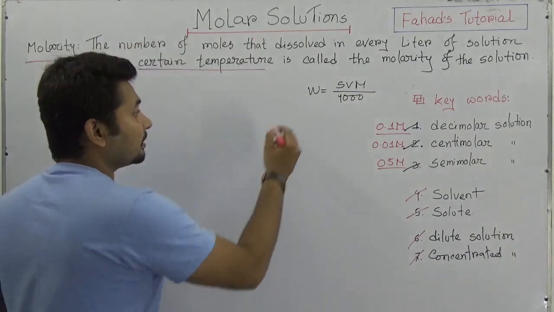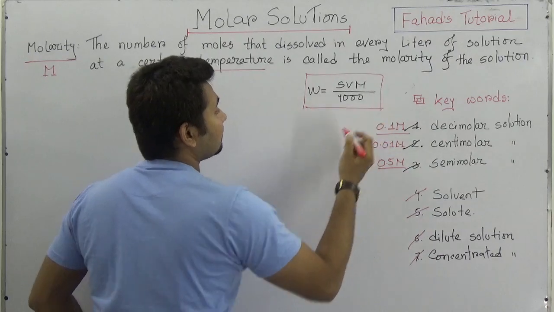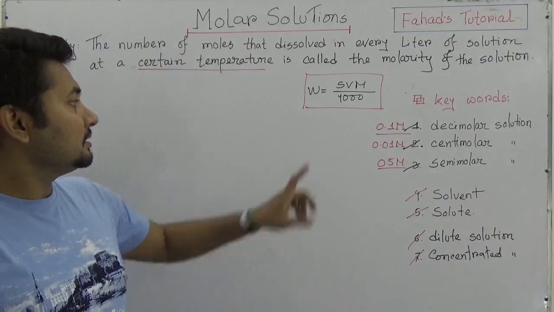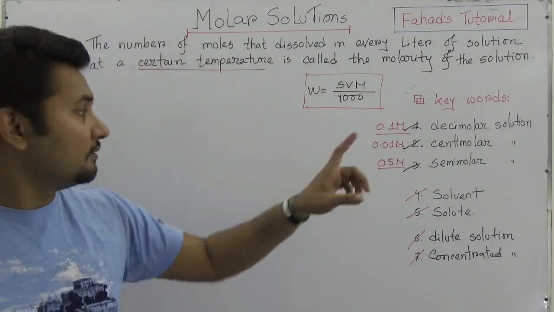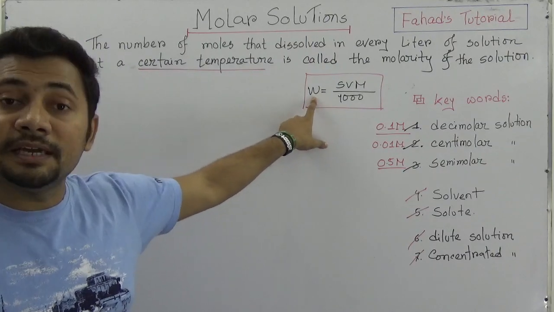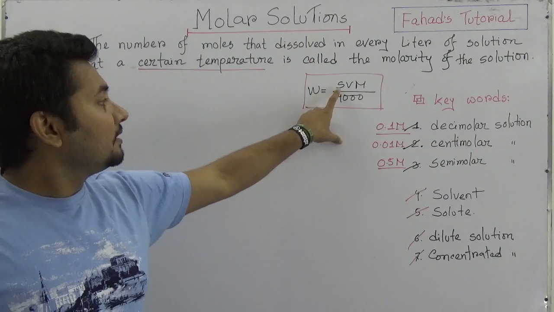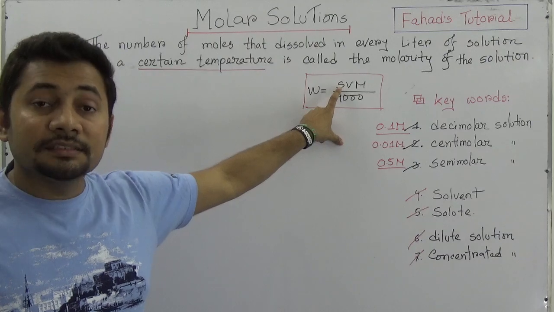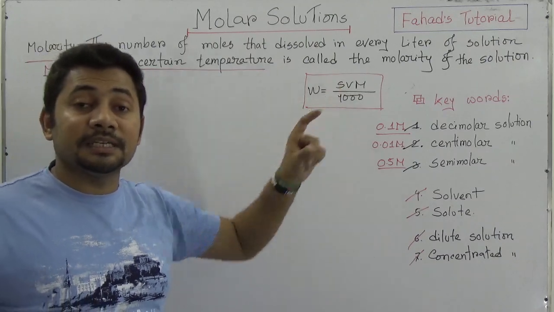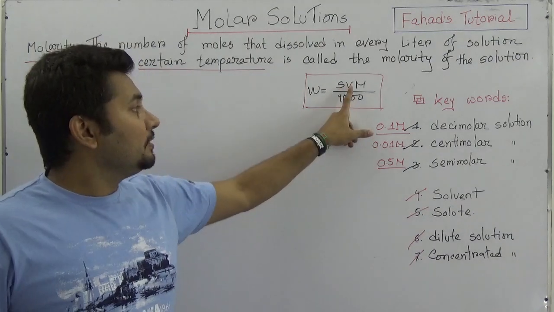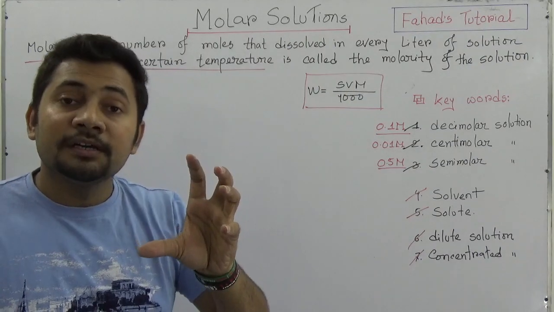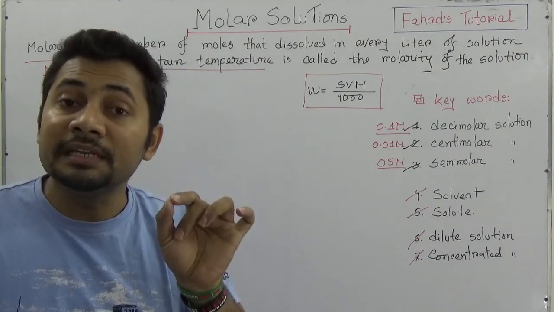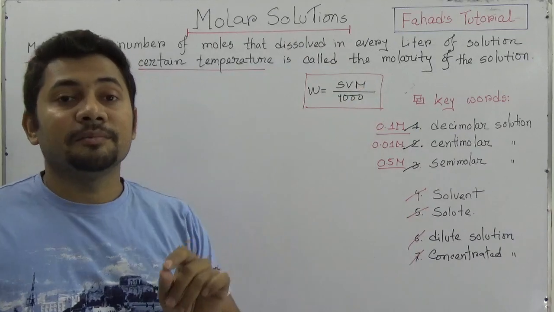But you need to remember the meaning of these letters. Here W means the mass of the solute, expressed in gram, S is the molarity, expressed as M, V is the volume of the solution in milliliter, and M is the molecular mass.